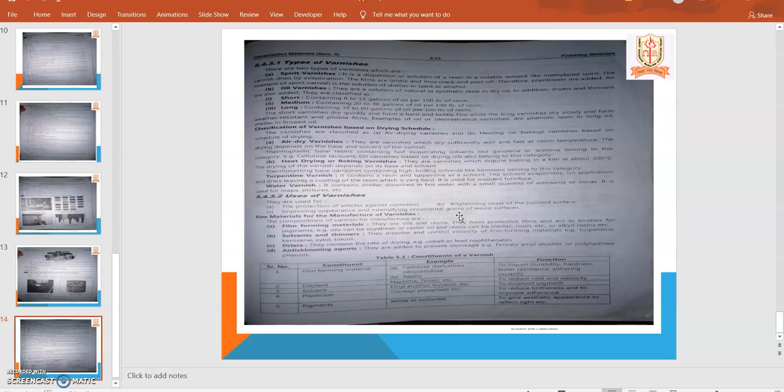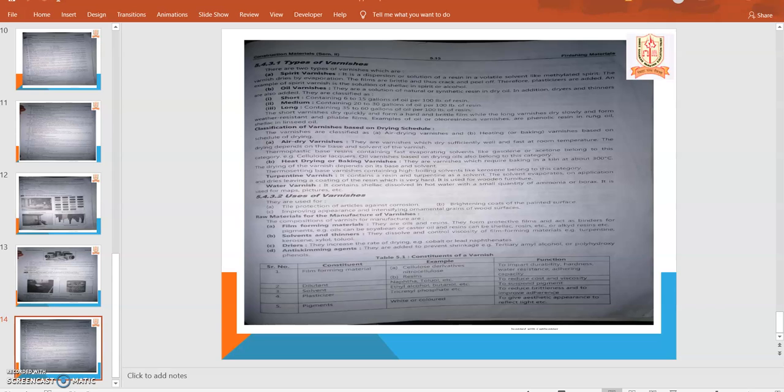So first, the film forming materials. They are oils and resins, they form a protective film and act as a binder for the pigments. The examples are oils like soybean or castor oil, and resins like shellac or rosin or alkyd resins etc. Then dryers, they increase the rate of drying, for example cobalt or lead naphthenate.